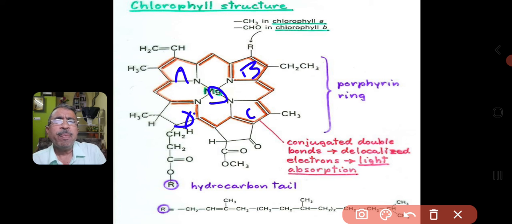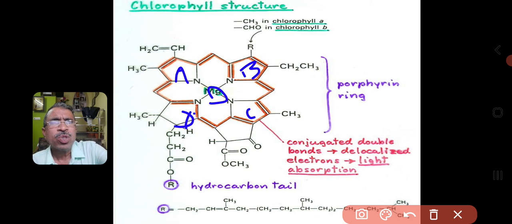In the A pyrrole ring, we have the methyl group and vinyl group. In the B pyrrole ring, we have the aldehyde group instead of a methyl, and we have the ethyl group. In the C pyrrole ring, we have the methyl group, and the D also has methyl.